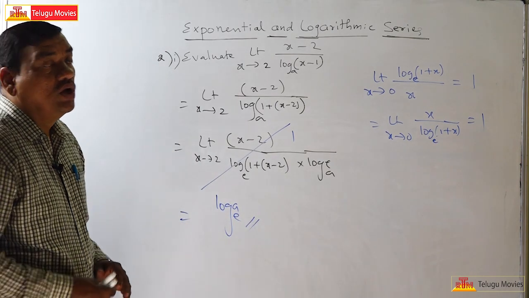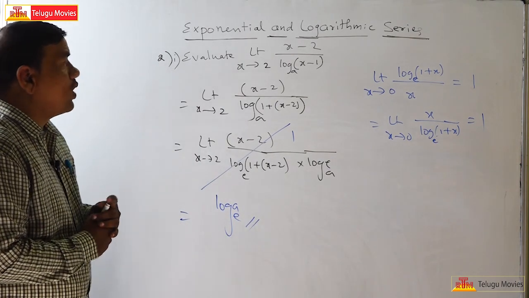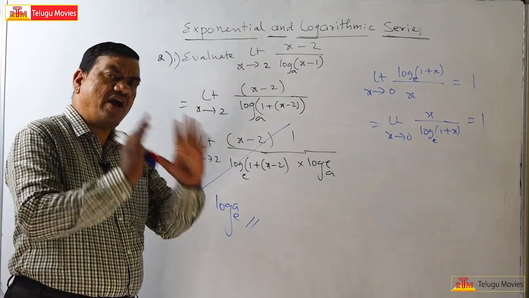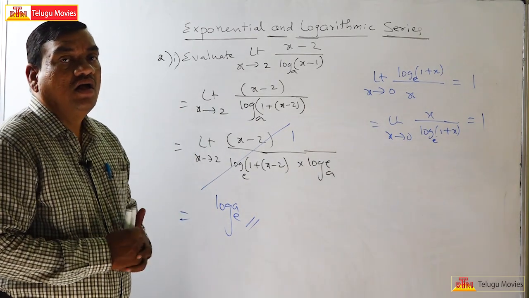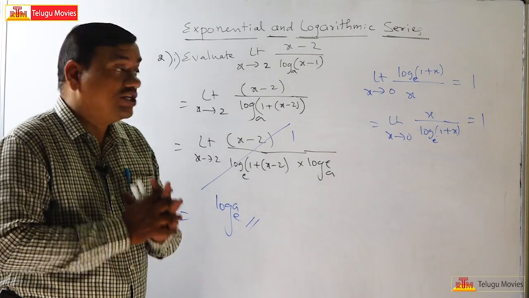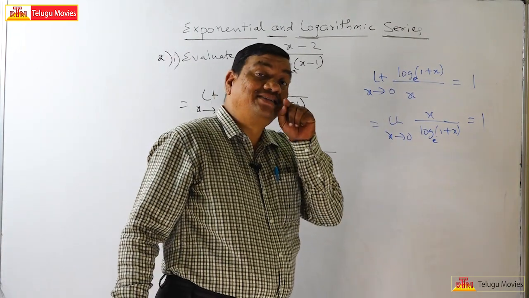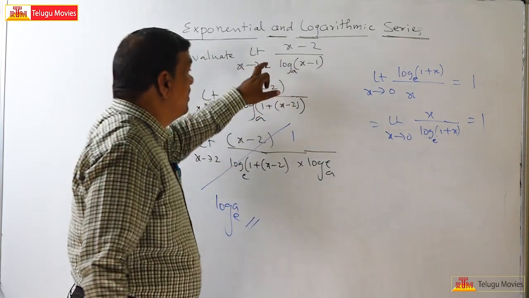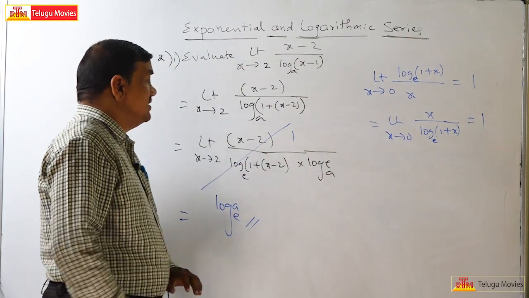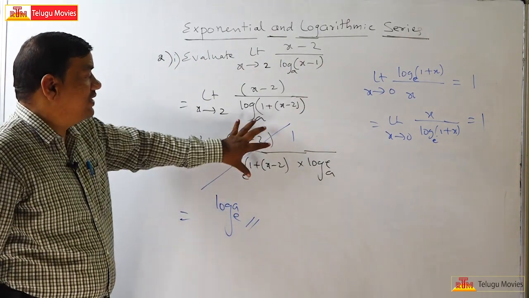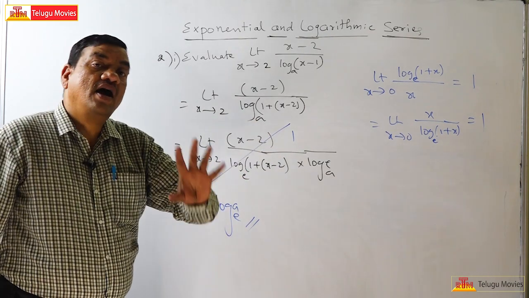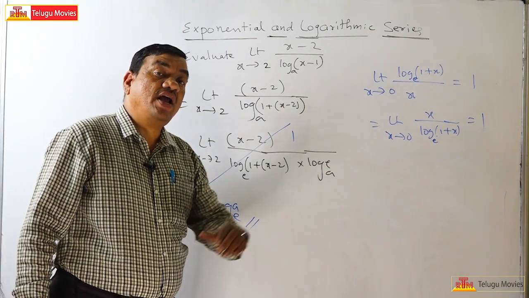Why I explained this problem is, be very careful while writing the formulas and understanding the problems. Here logarithm to the base e, but here logarithm to the base a. Generally students write the answer 1 and come out of the exam hall.